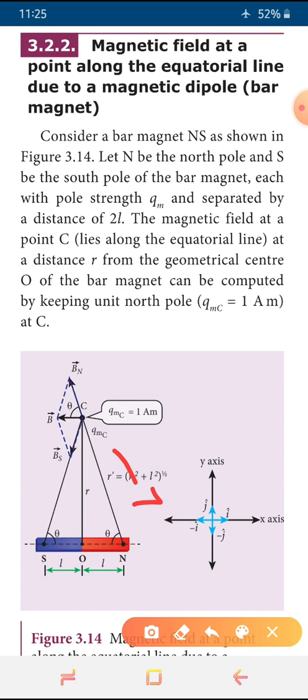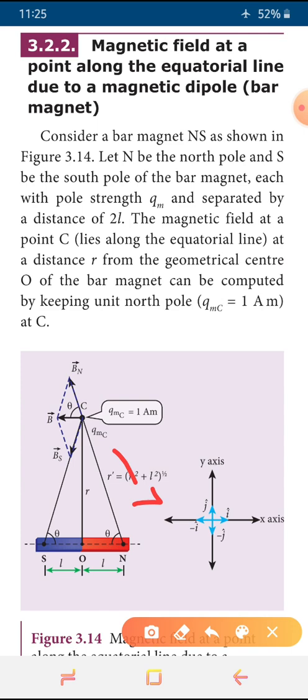So R dash square is equal to R square plus L square. And what is the Pythagoras theorem? In a triangle, the hypotenuse square is equal to the sum of the squares of the remaining two sides. So R dash square is equal to R square plus L square.